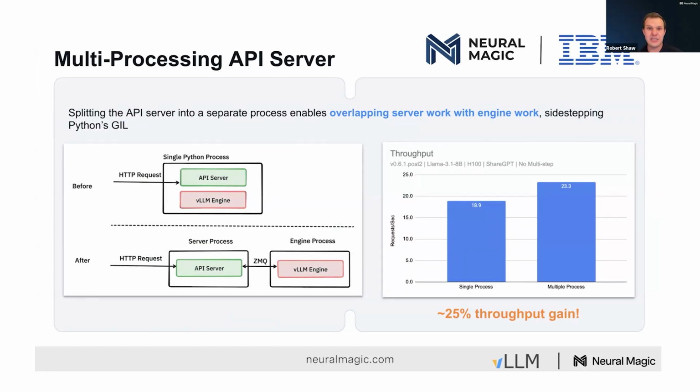But what we found is 0MQ works really, really well as a concurrency management system inside of vLLM. I really enjoyed how this works. It enables you to have totally lock-free synchronization across your different processes. It's a really good way to think about concurrent programming, where the threads are executing and sending messages to each other, blocking on those messages.